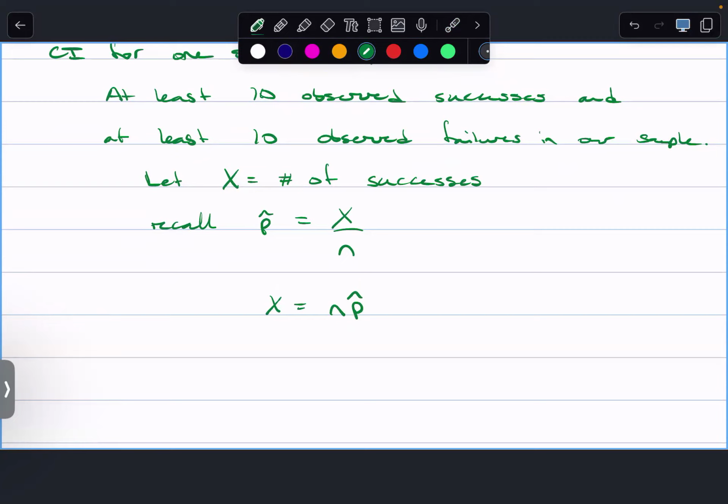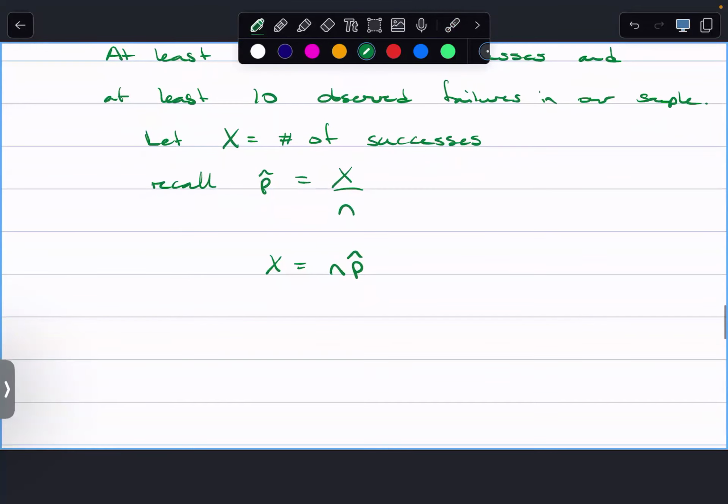If I asked you how many successes were there in this example, you would arrive at 67% of 850, right, which is 850 times 0.67. So in our case, X is 850 times 0.67.